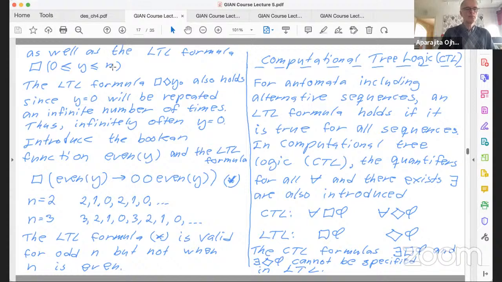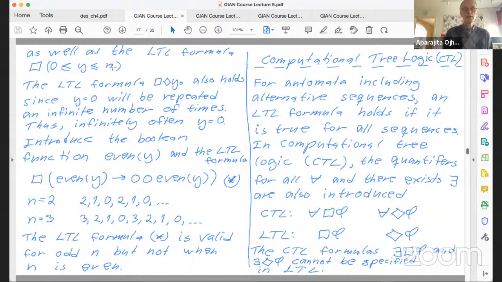Let's just test for n equal 2. Then you have 2, 1, 0, and then up to 2, and then again 1 and 0. And then you see that every second time you have an odd and an even number.